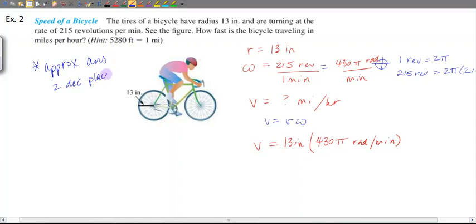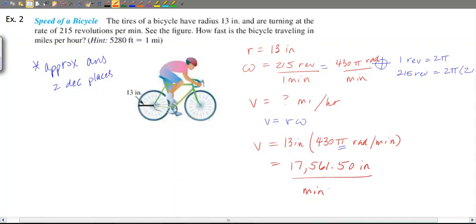That is important information because when I plug this into my calculator, I'm actually going to use the pi button on my calculator and get a decimal value for this entire answer. So when I do that, 13 times 430 times pi, I end up with 17,561.50 inches per minute.